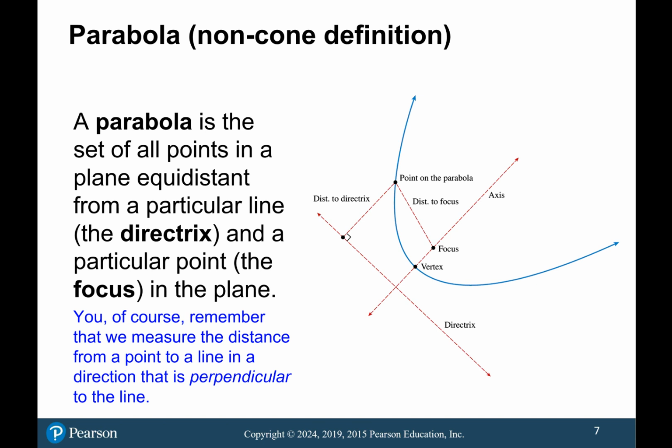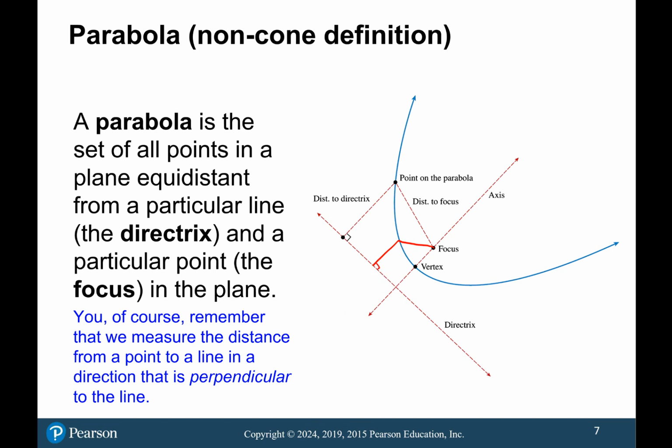Okay, so this particular point that we're talking about is the focus. Very, very important term. Make sure that you understand that. We're going to be coming back to it over and over. This particular line in our definition here is called the directrix. So again, we find all of these points that are the same distance to the focal point as they are to the line.